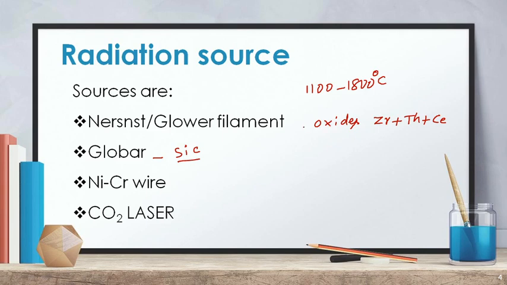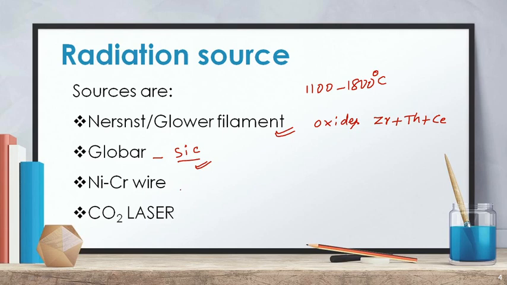When it is heated, there is emission of IR radiation. So the Nernst filament is one source, and Globar is also one of the radiation sources used for IR radiation.